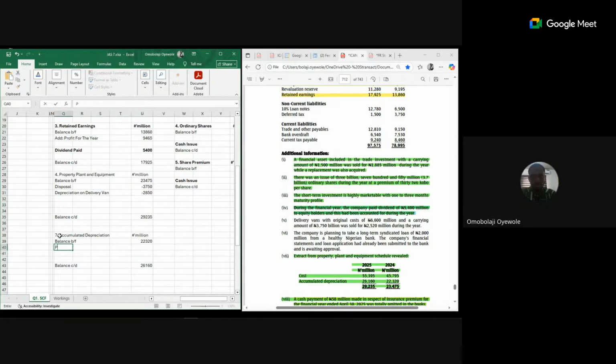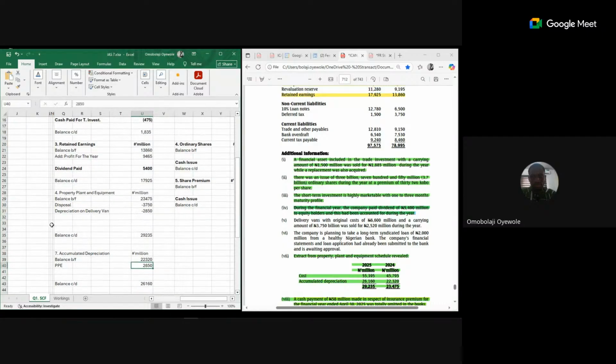Now, there's a depreciation on the delivery van. So from our PPE, that's a depreciation. How much is that depreciation? 2,850. So this is supposed to be minus 2,850.